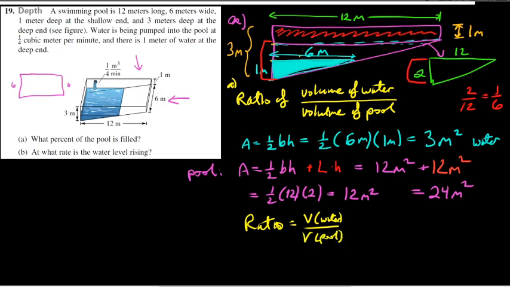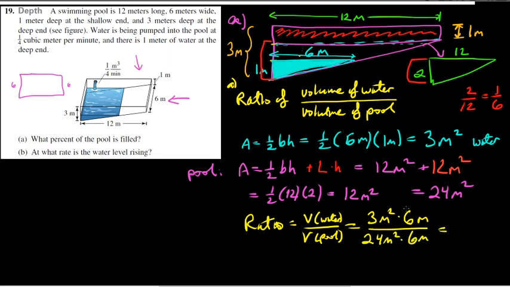So in the picture here, we got the area, and now we just have to multiply by the width to get the volume. But the width is the same for all of this. It's 6 meters, right? So to get the volume of water, it's going to be 3 square meters for the area times 6 meters for the width. For the volume of the pool, it's going to be 24 square meters times 6 meters for the width.